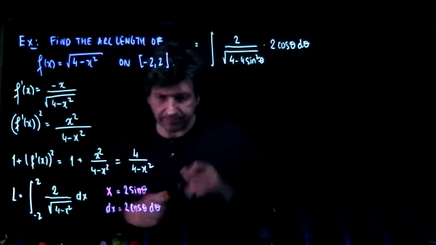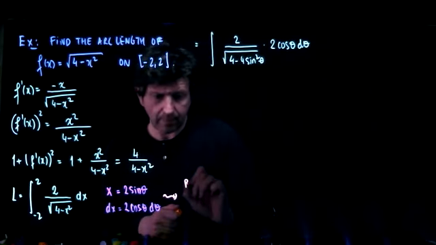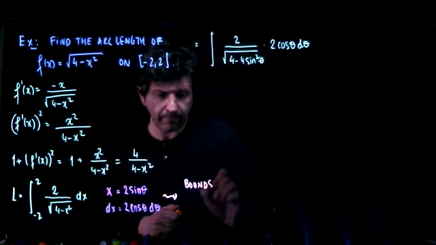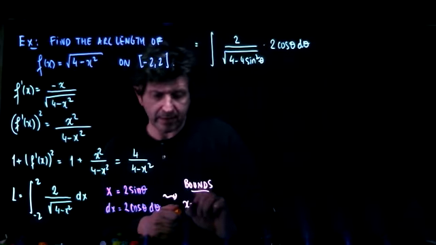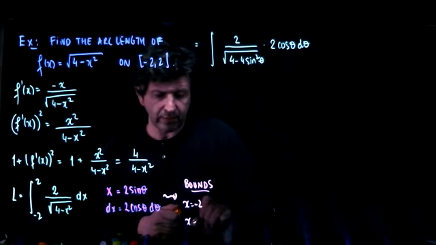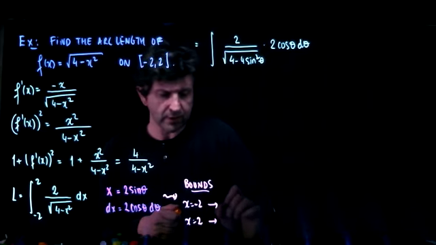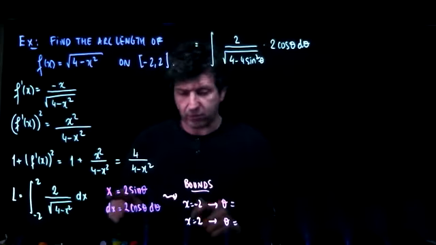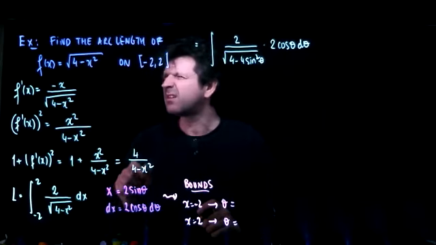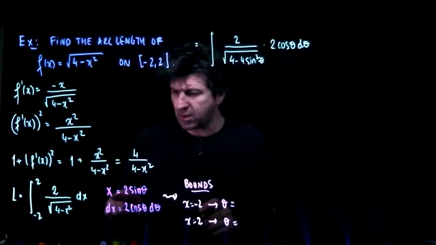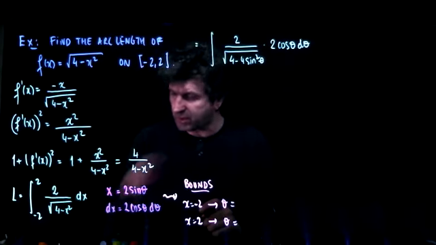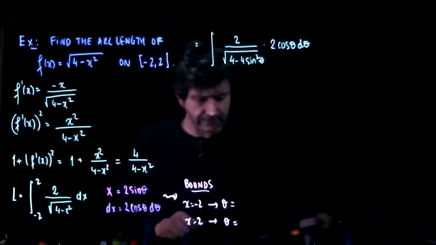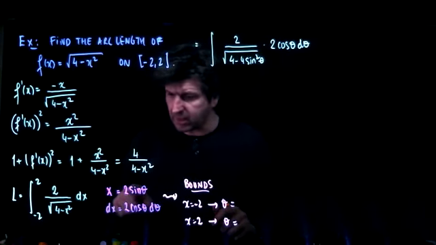So if x is negative 2 and if x is 2, what is theta? If x is negative 2, then sine of theta will be equal to negative 1.